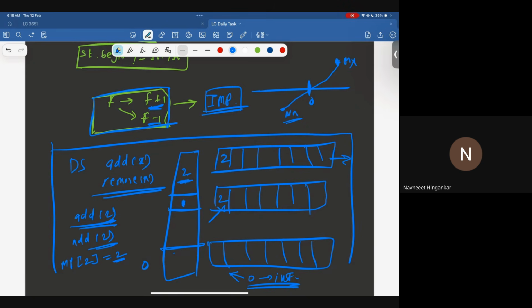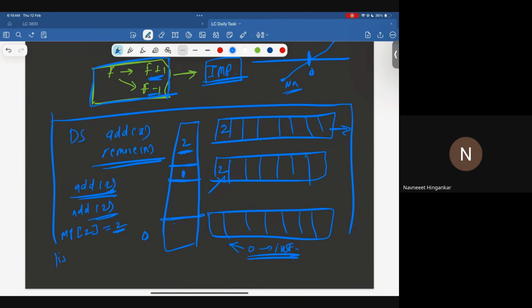So this is a dynamic list of lists. The moment my frequency increases, this size will be increased because this is dynamic in this direction, right?